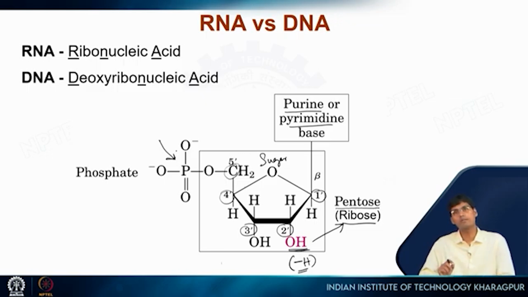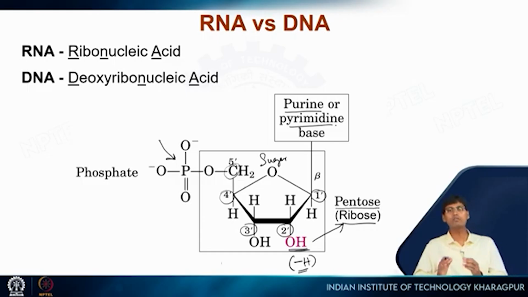Now, I should also explain one small thing here, which is very important when we are discussing DNA or RNA structure. Why am I saying 1 prime, 2 prime, 3 prime, and why not 1, 2, 3, 4, 5? The major reason is that purine and pyrimidine also have multiple carbon atoms.